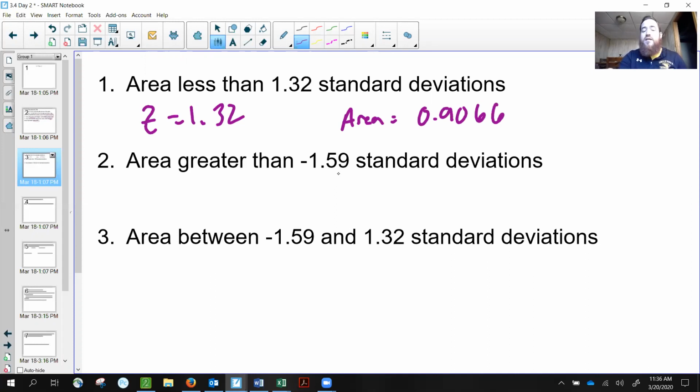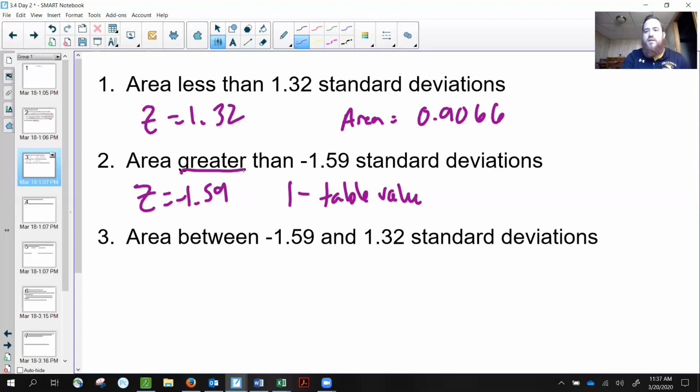Area greater than negative 1.59. So our z-score is negative 1.59. We'll have to look at our table to figure out what that is. I have no idea. But once we find that table value, it's 1 minus the table value in order to find greater, because the table tells you less than, tells you to the left of it.